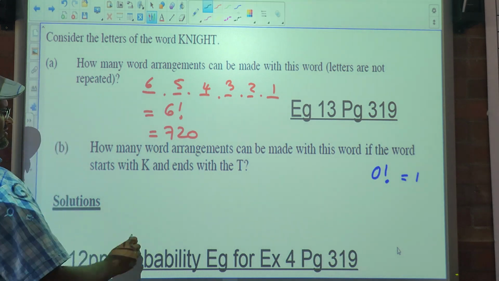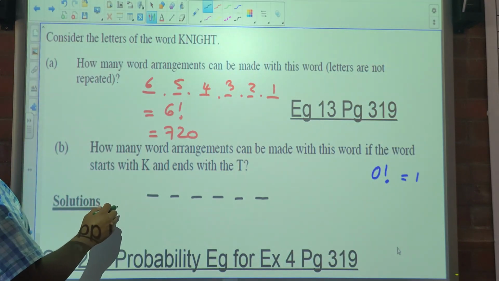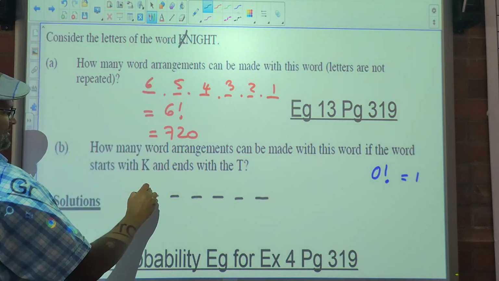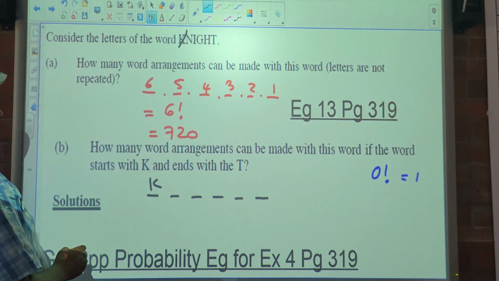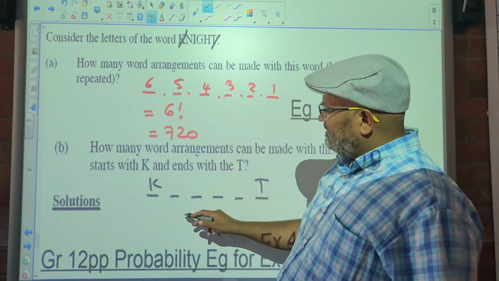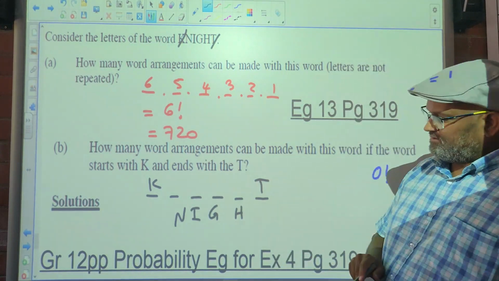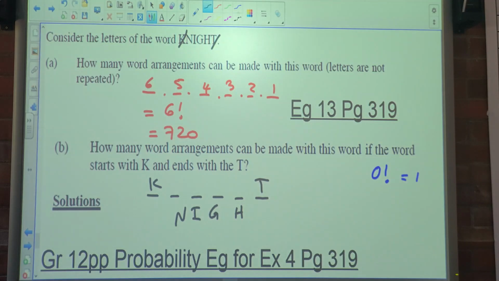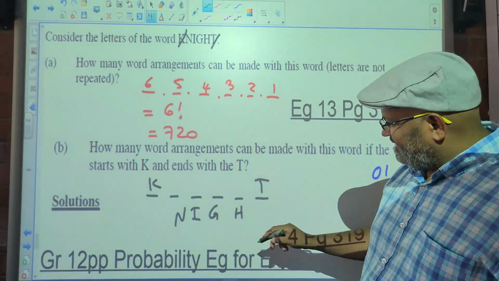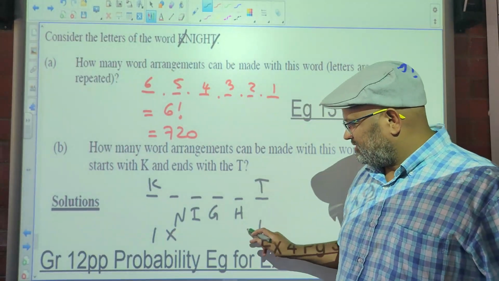So what do we have? 1, 2, 3, 4, 5, 6. It must start with a K and end with a T. What are we left with? N, I, G, H. Okay. So how many options do I have here? 1. Here? 1.